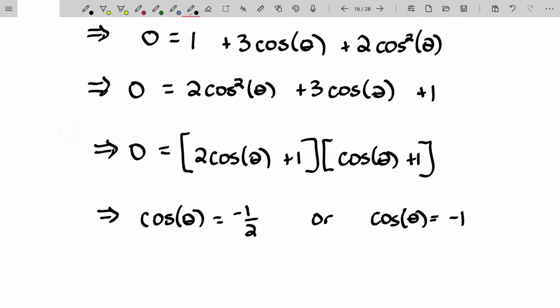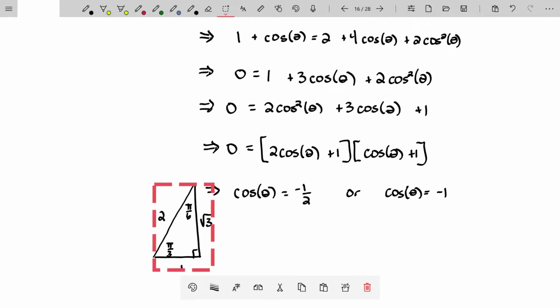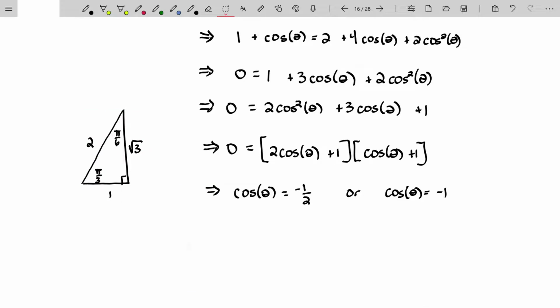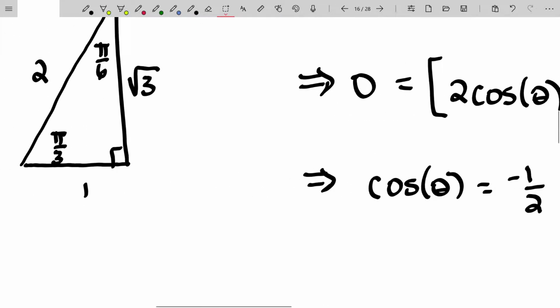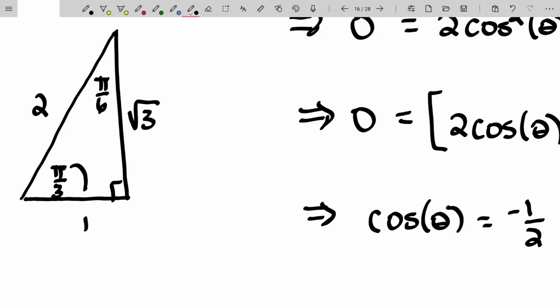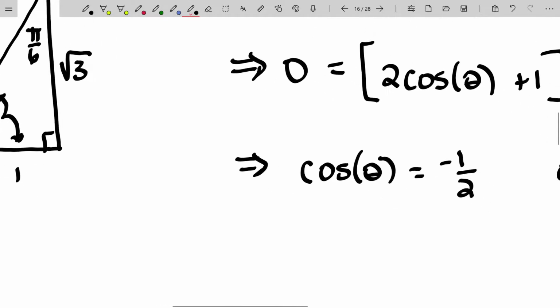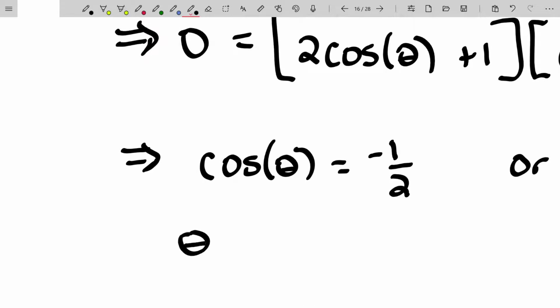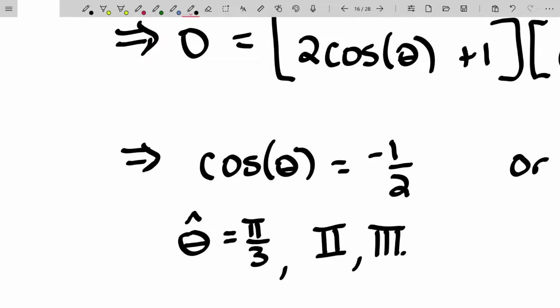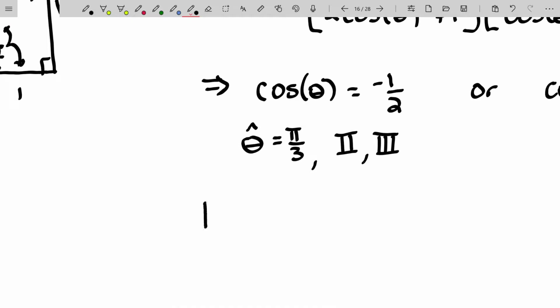All right. Now, pasting in our triangle, the cosine of what angle is 1/2? Well, let's see, that's pi over 3. So I know my reference angle for this is pi over 3. And cosine is negative in quadrants 2 and 3. So the quadrant 2 set of solutions would be theta is equal to, let's see, reference angle of pi over 3 in quadrant 2 would be 2 pi over 3.